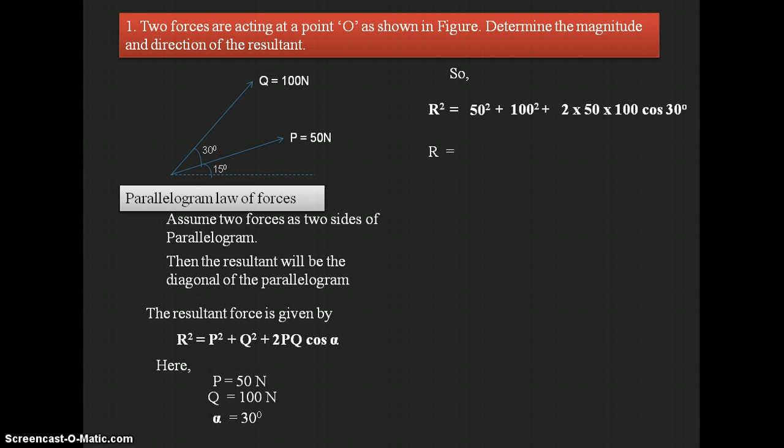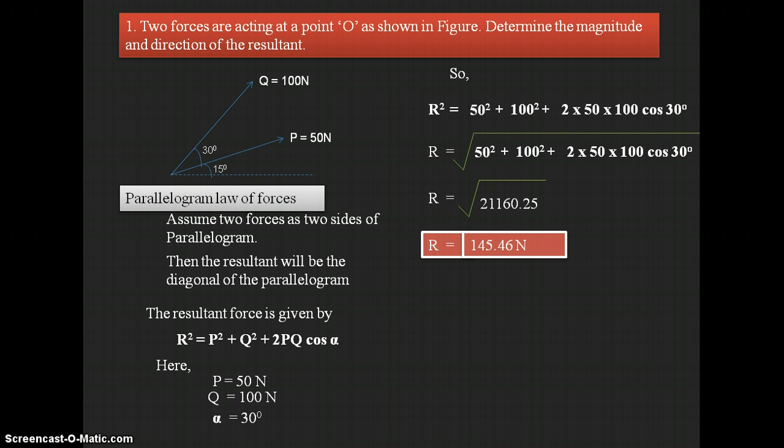So R is equal to the square root of 50 square plus 100 square plus 2 into 50 into 100 into cos 30 degrees. By simplification we get R is equal to the square root of 21,160.25, and by taking the square root of this value we get R is equal to 145.46 newtons. That is the resultant force of the two forces P and Q which will produce the same effect as the two forces P and Q acting at a point O on a particular body.